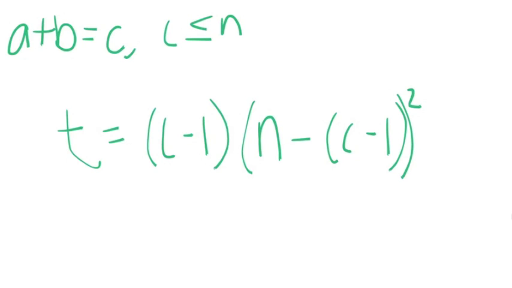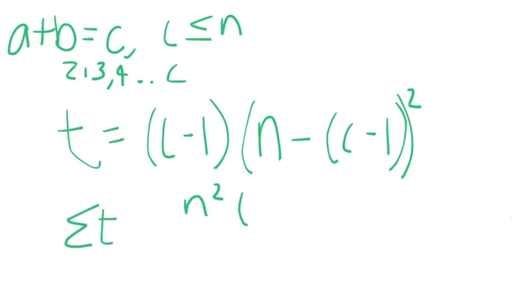So obviously, again, I need the sum for a plus b equals 2, a plus b equals 3, a plus b equals 4, all the way up to c. And so I found that that meant that t, the sum of all the t's, was equivalent to n squared times n squared minus 1, all over 12.